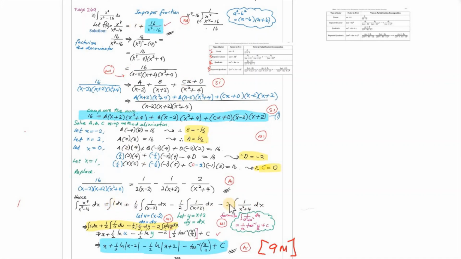Make sure you have it. I'm putting it back so that it's easier for us to integrate term by term. So here we are using the method of simple u substitution and quoting the formula of inverse tangent. Show it. And the last answer in terms of our variable. So altogether it can carry 9 marks. Right? Okay, that's it for question number 3.